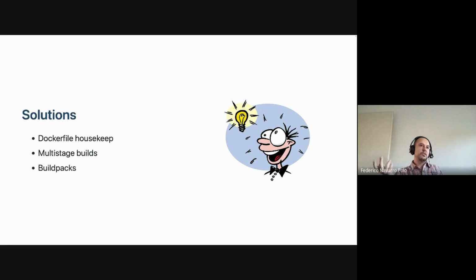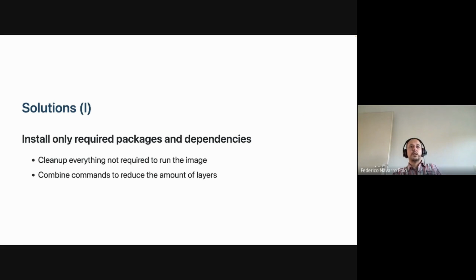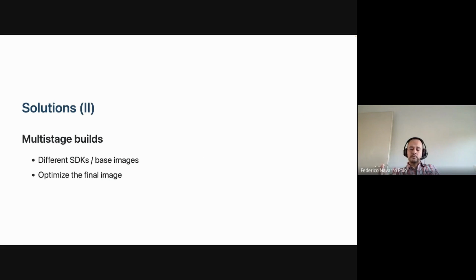And you could also leverage build packs, which again has other added benefits, but it could also be a way of reducing these kind of things. So the basic is about your Docker file.